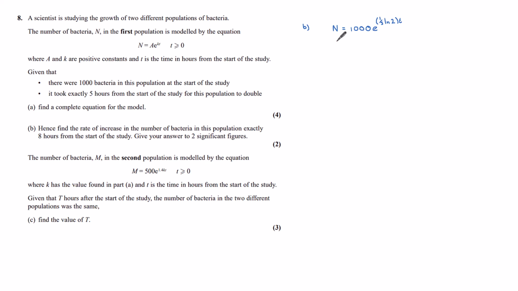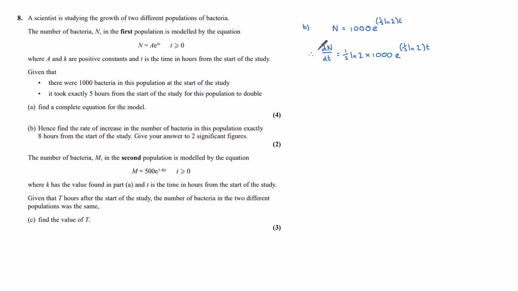Well, we're starting with our equation n = 1,000e^(1/5 ln 2 × t). Now, when we see the word rate, we're looking at the change in the number of bacteria over time. This would be dn/dt. So we need to differentiate this equation with respect to t.